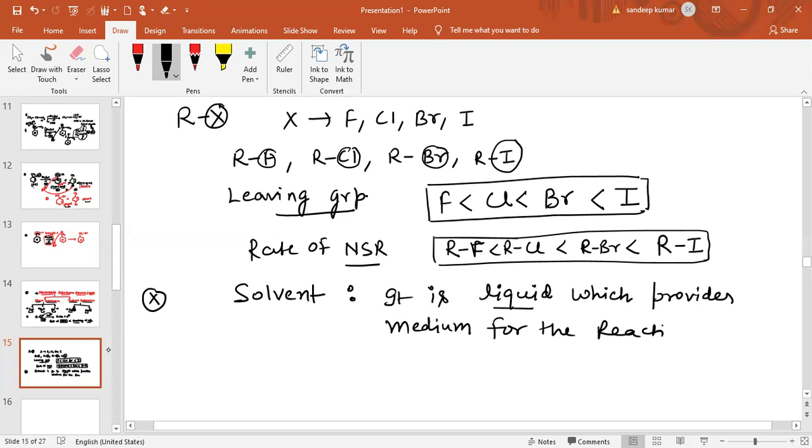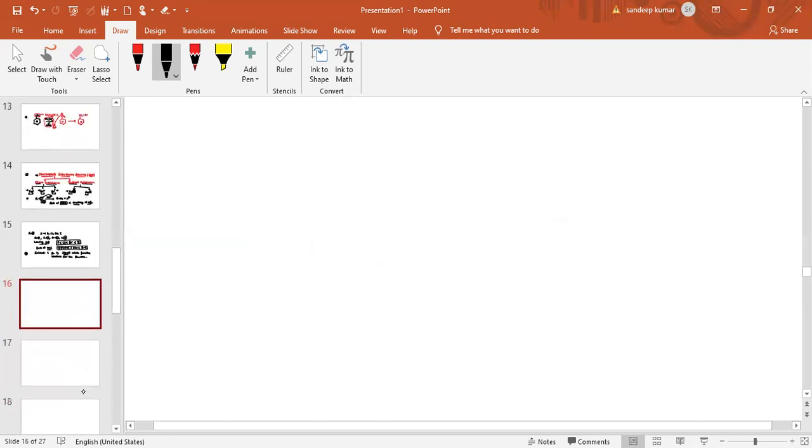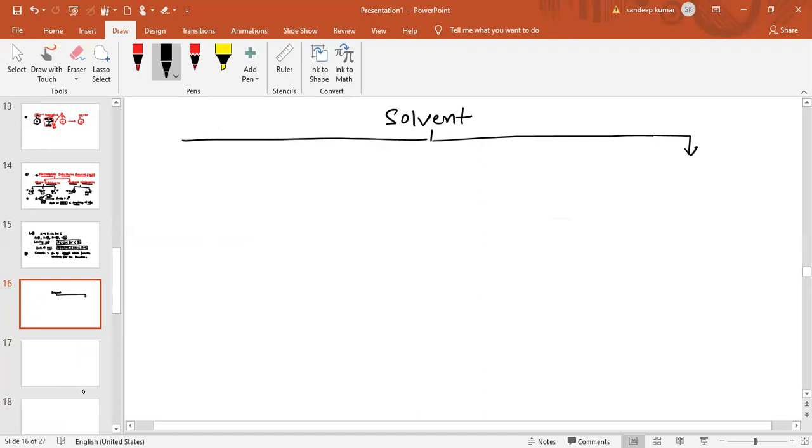We will divide solvents into two types. One type of solvent is basically the polar solvent.